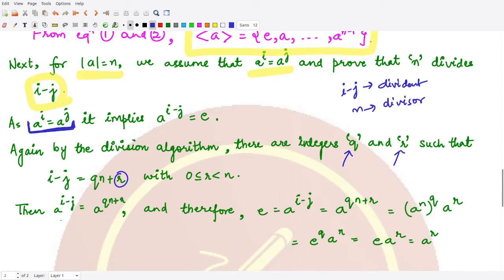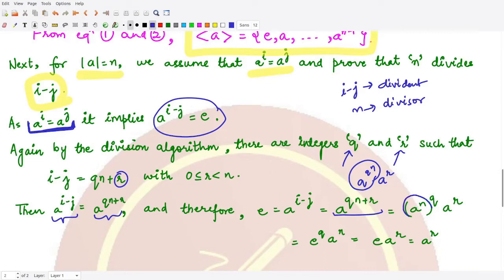So let's see. We take this element a to the power i minus j. So this would be equal to a to the power qn plus r, right? And because from this equality we have identity is equal to a to the power i minus j, and this is equal to a to the power qn plus r. So you may write this as a to the power qn and a to the power r. Then you can write this a to the power qn as a to the power n raised to power q multiplied with a to the power r, right?